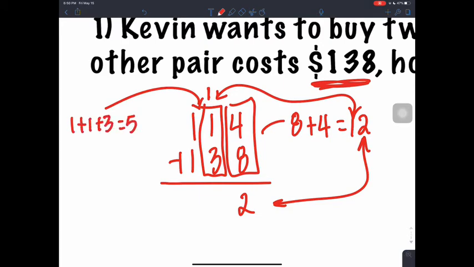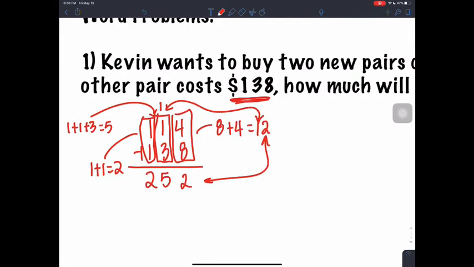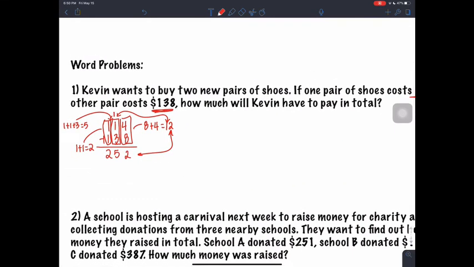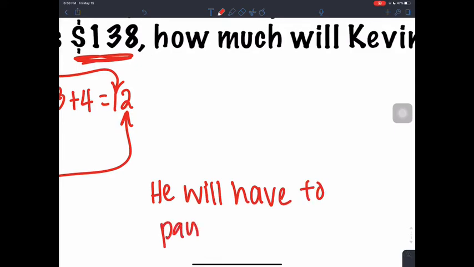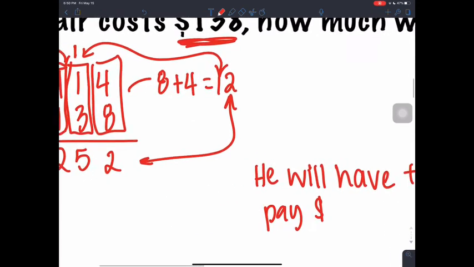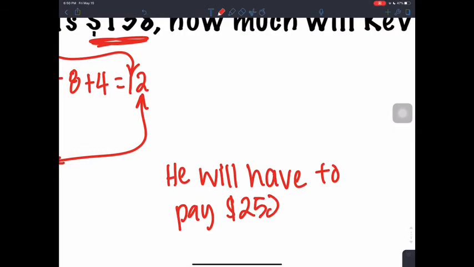And then we have 5 down here. Then in this third column, we have 1 plus 1, which gives us 2. So how much will Kevin have to pay in total? He will have to pay $252.